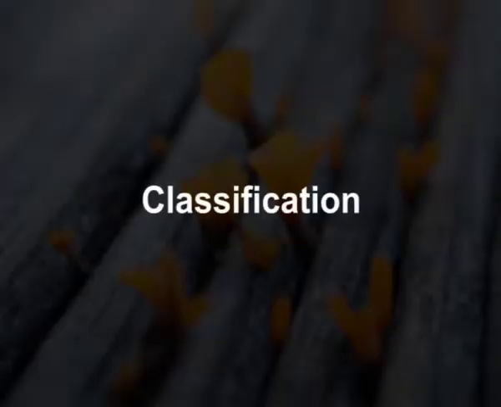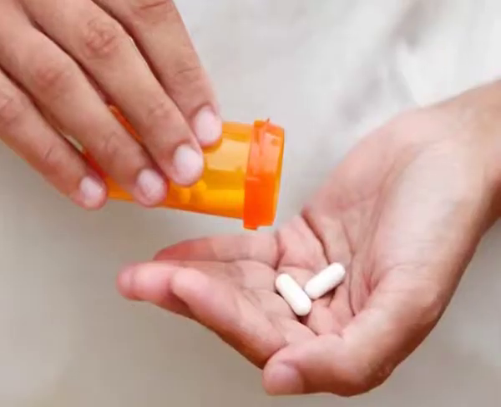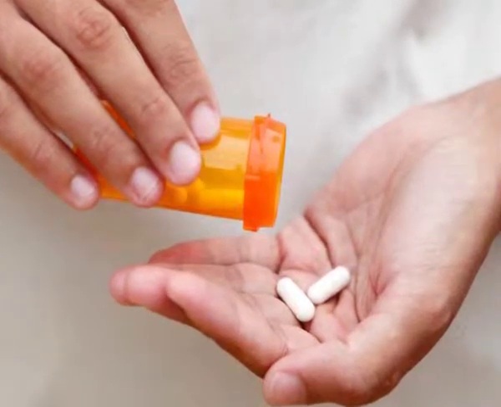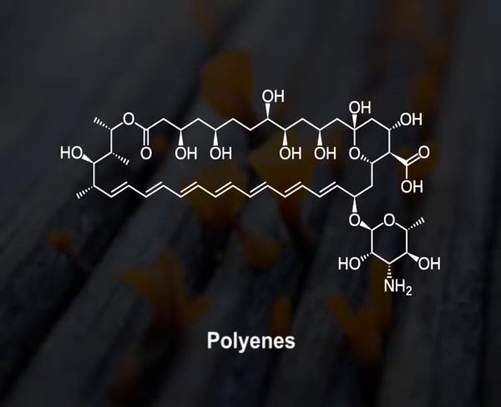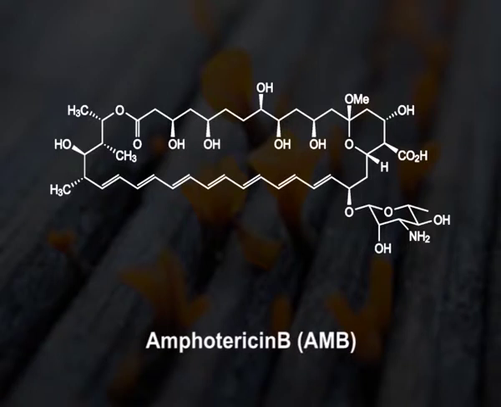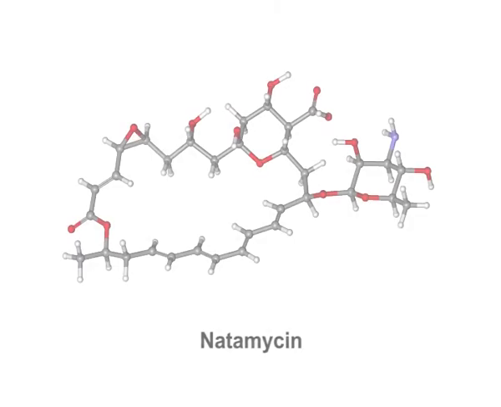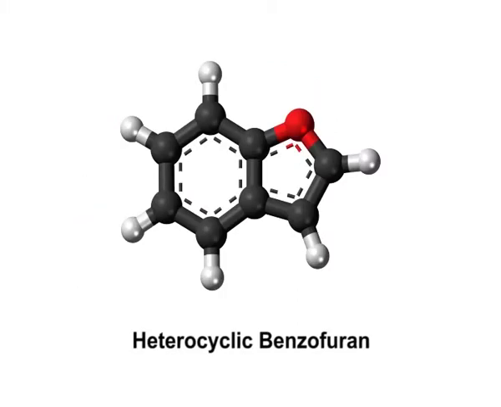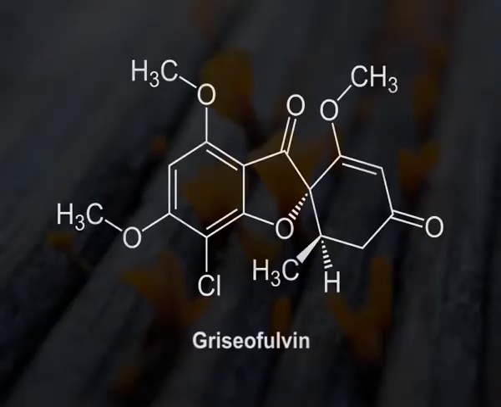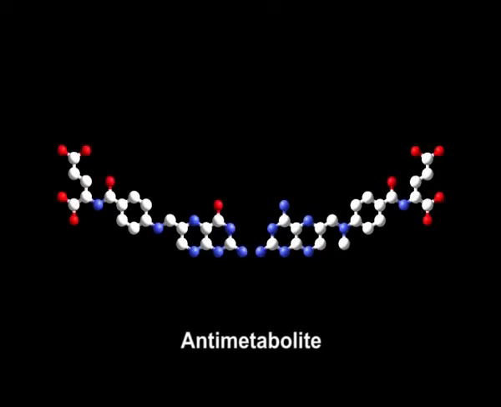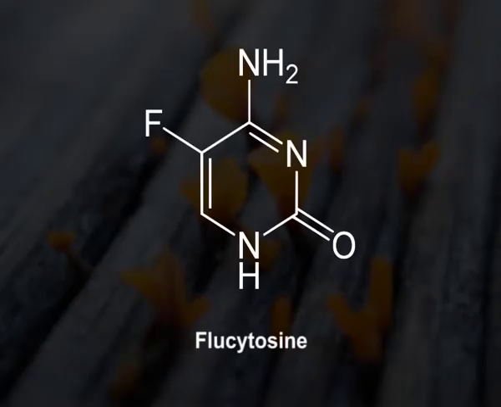Now, classification. The first class is antibiotics, for example, polyenes: Amphotericin B, nystatin, hamycin, natamycin. Second class is heterocyclic benzofuran, Griseofulvin. Next class is antimetabolites, for example, flucytosine.